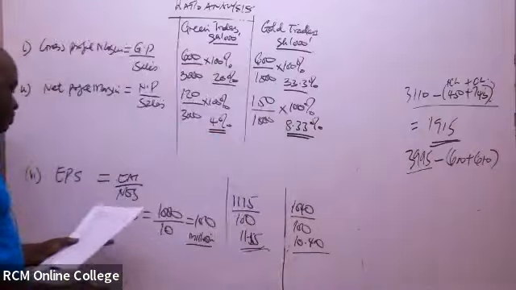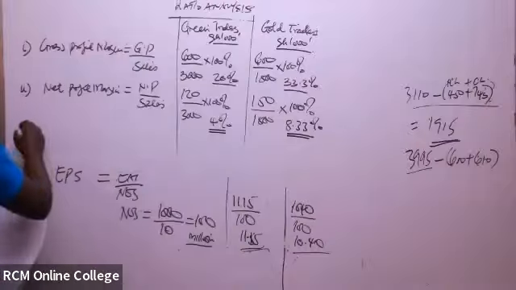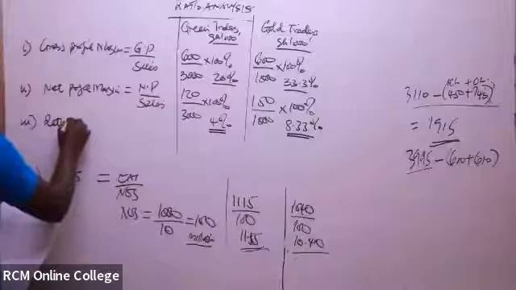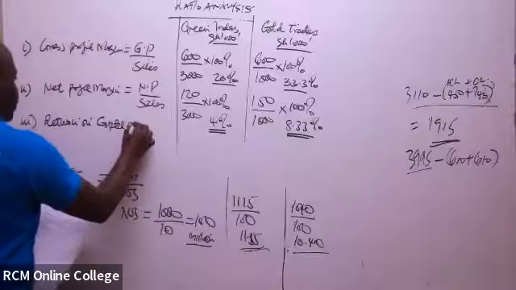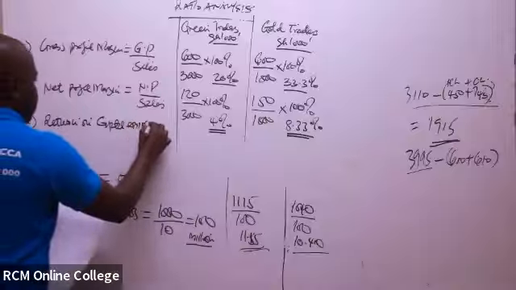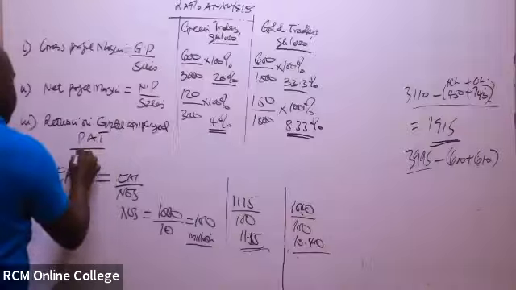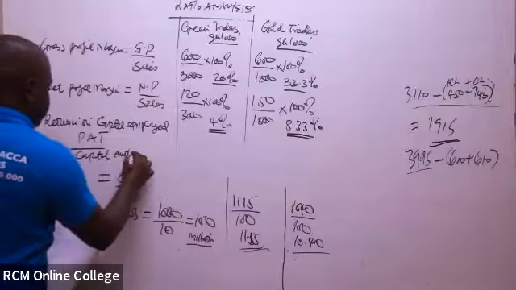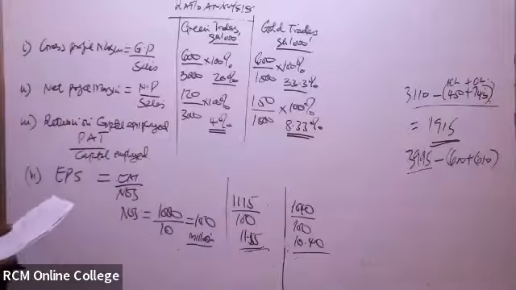Exactly 8.33%. Then number 3, you've actually been called upon to calculate the return on capital employed. The return on capital employed, you should take the profit after tax over the capital employed.